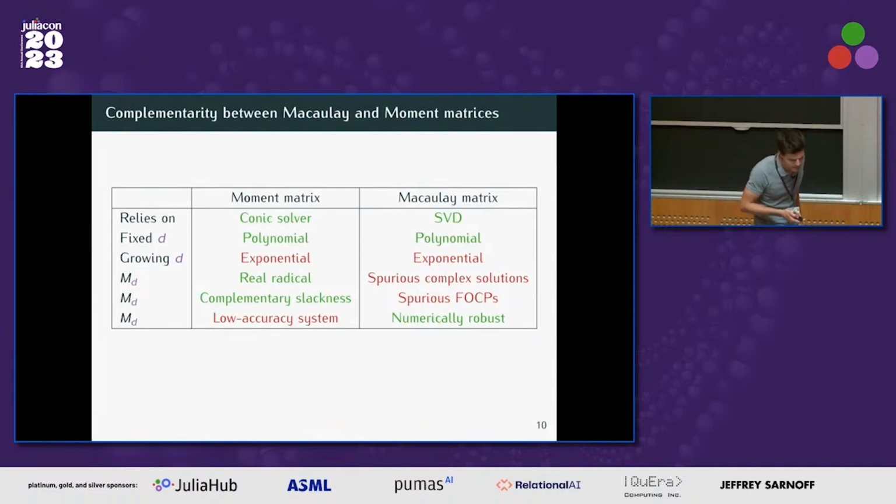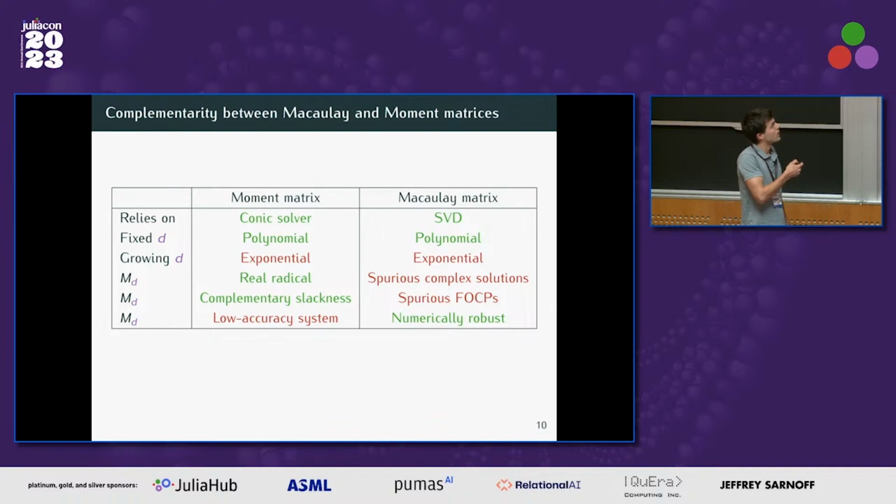Okay, so the last point I want to make is that I've presented these two approaches: trying to solve the KKT system with the Macaulay matrix, or trying to do this sum of squares approach. But actually, I showed you that at the end, they need to do something quite similar. But I think that in addition to having a similar end, they can kind of work together.